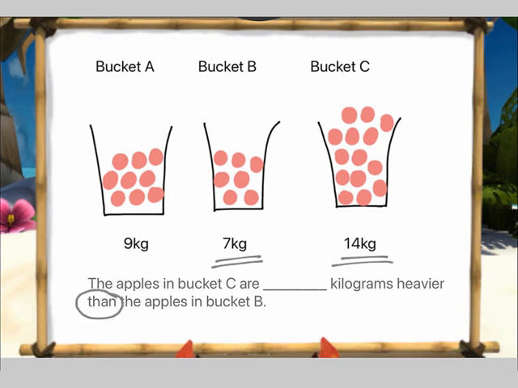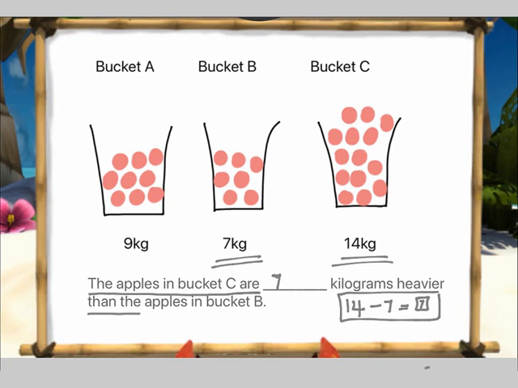So here, if you see, the magic word "than" is there. "Than" most probably means subtraction. Okay, so let's subtract. 14 minus 7 equals what will be the subtraction number sentence for this problem. So we know that 14 minus 7 is 7. So the apples in bucket C are 7 kilograms heavier than the apples in bucket B.